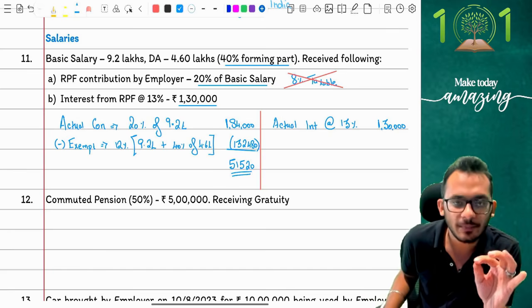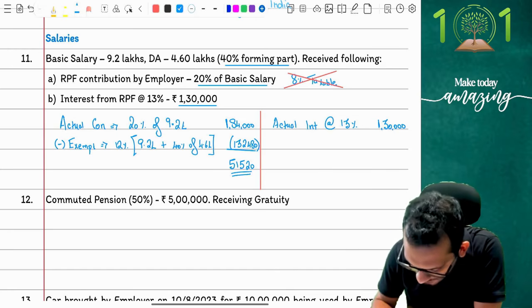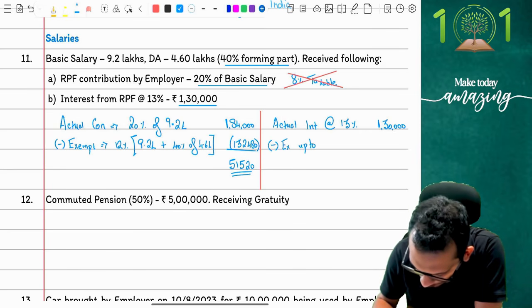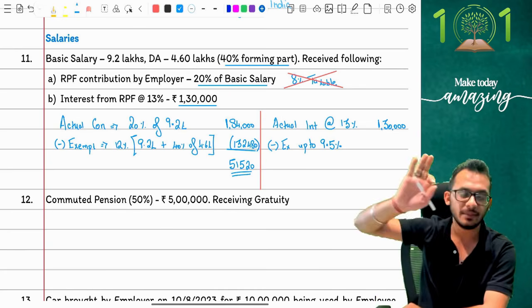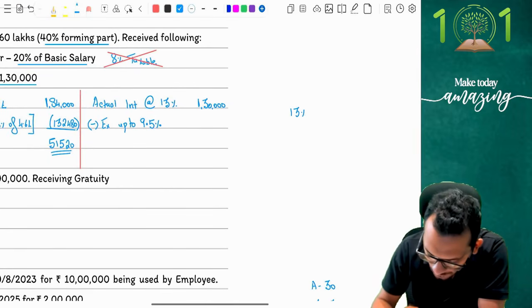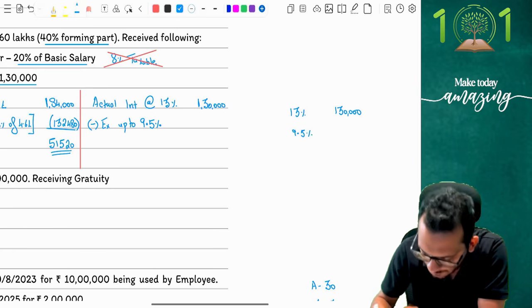When I put 10 lakh rupees, 13% came to 1,30,000, and that's the computation. Now I will say I am exempt up to 9.5% of the interest rate. Be very careful, which means now if 13% gives me 1,30,000, how much will 9.5% give me?